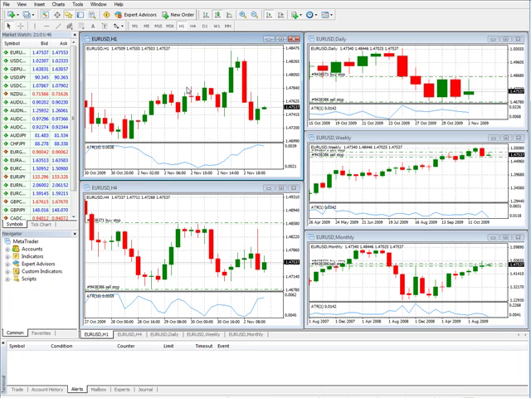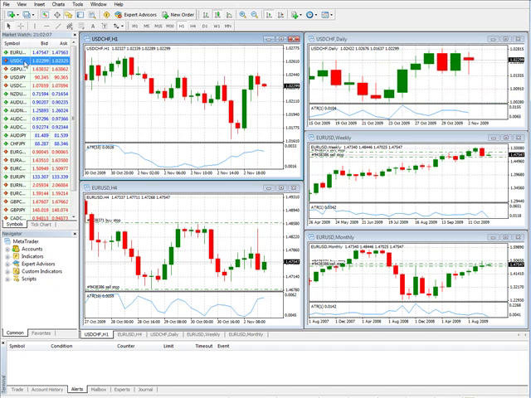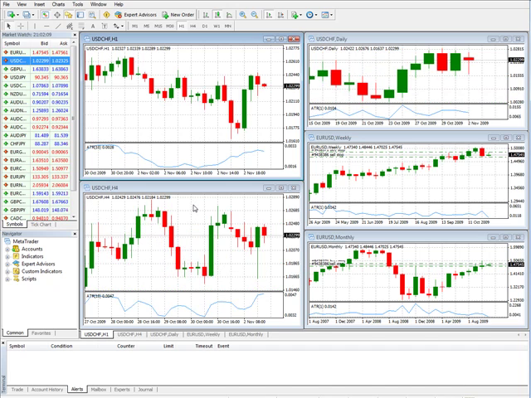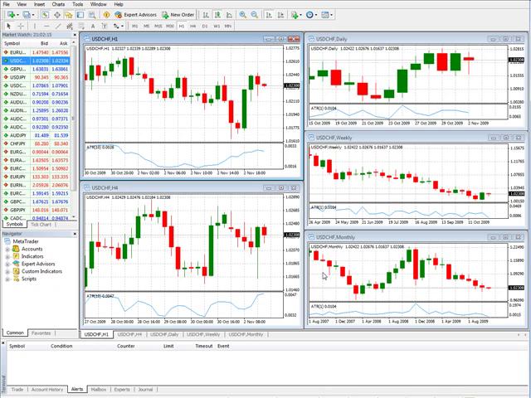Okay, now here's what we're going to do. We want to use a different currency pair, and we're going to use the US dollar Swiss franc. But we're going to have the same kind of profile setup here. So here we go. Drag, drop, drag, drop, drag, drop, drag, drop, drag, drop.